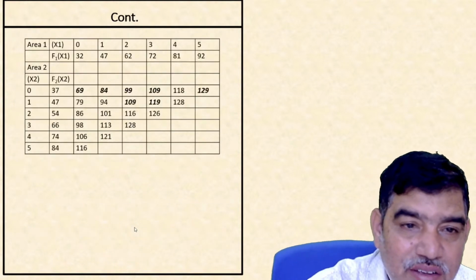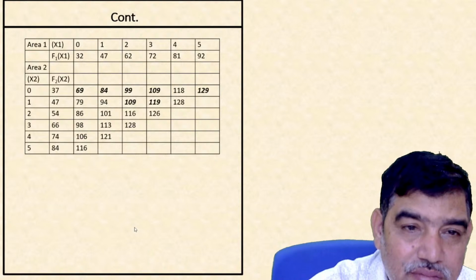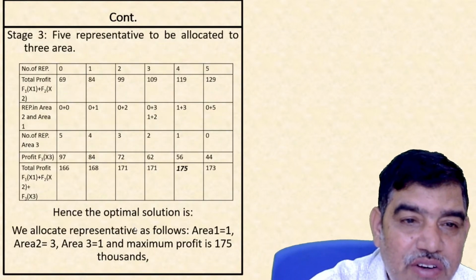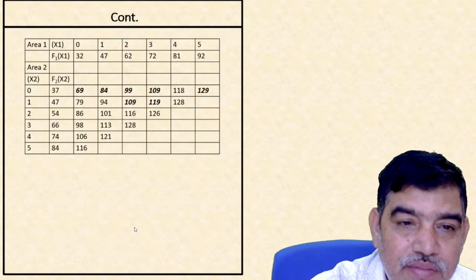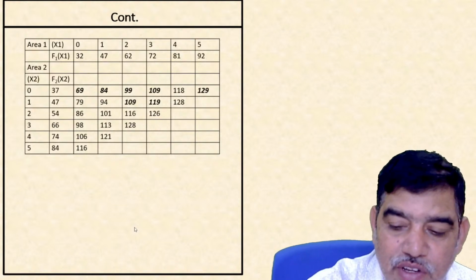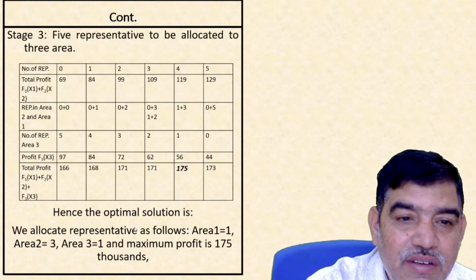Then 99 and 109. So here 99 is 0 plus 2, and 109 is 0 plus 3, and again 1 plus 2. I am mentioning it here under 109.